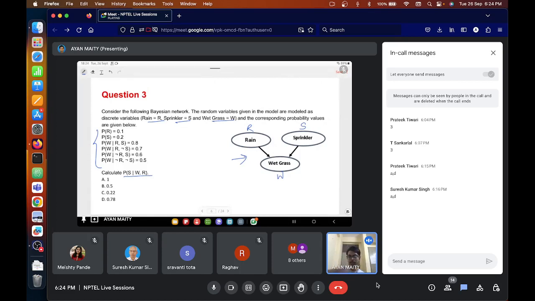Has anyone calculated this answer? Pratik Tiwari says option B, which is 0.5.